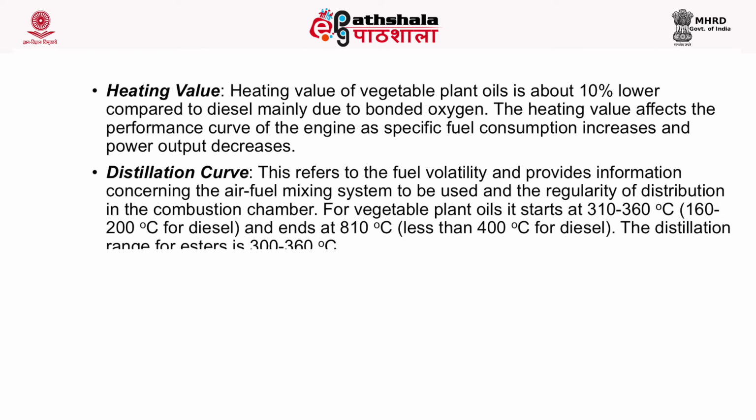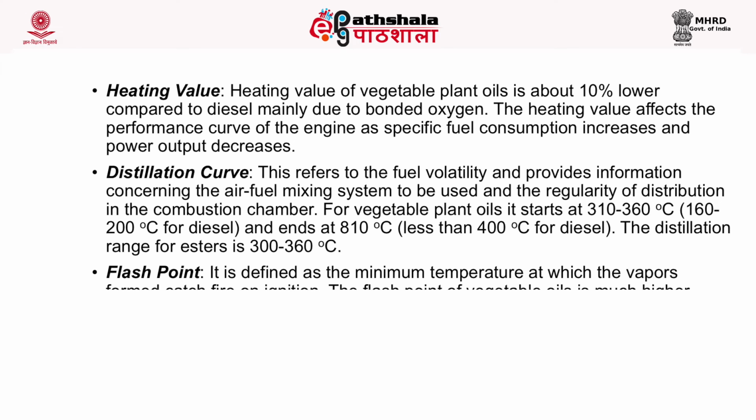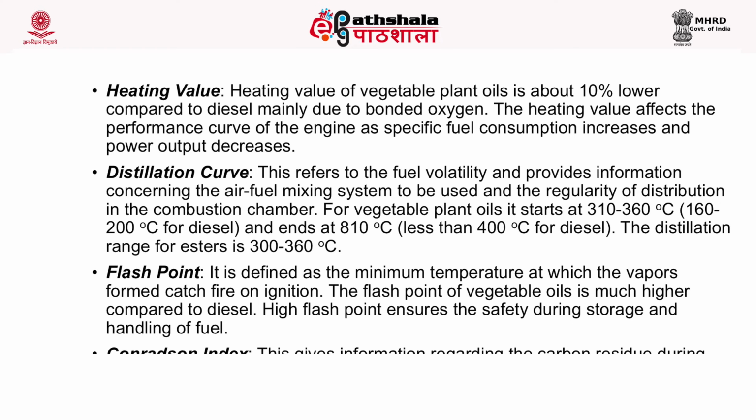For vegetable plant oil, it starts at 310 to 360 degrees Celsius, whereas for petroleum diesel, it is 160 to 200 degrees Celsius. And for plant oil, it ends at 810 degrees Celsius. The distillation range for esters, that is biodiesel, is 300 to 360 degrees Celsius.